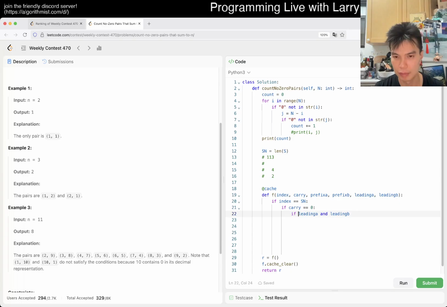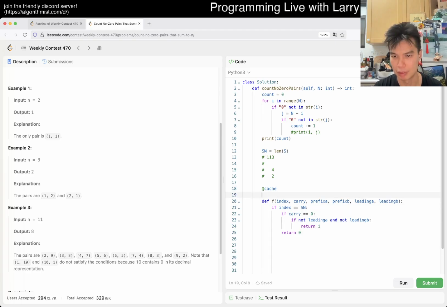Okay, so if carries equal to 1. Carries equal to 1, you just don't do anything, right? I don't know why I don't put in the same one, but I keep on forgetting what I want.